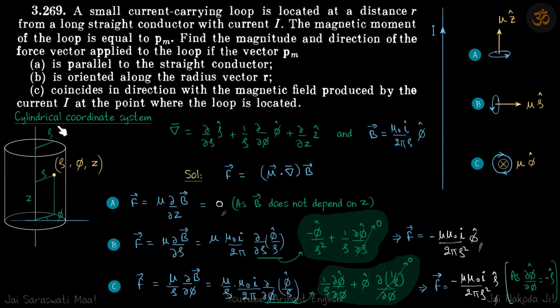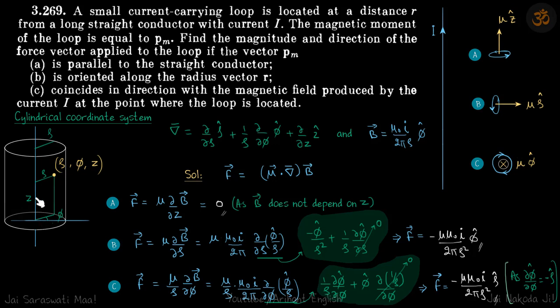So for this question, we are going to use the cylindrical coordinate system. How that works is, for any point, you just draw a cylinder like this. The radius of the cylinder is the value of rho. So this point is on the cylinder. And if you go to the bottom, the angle it makes with the x-axis is phi.